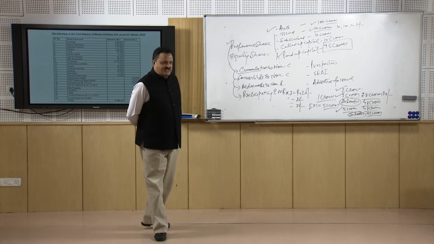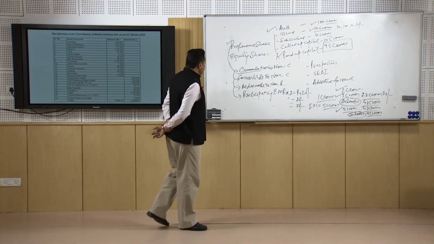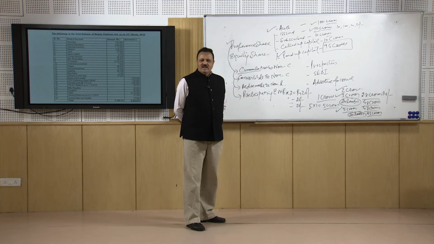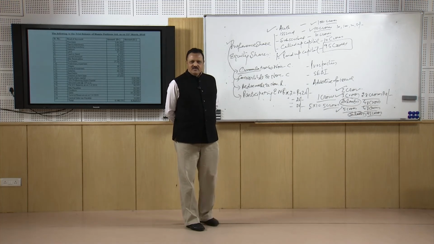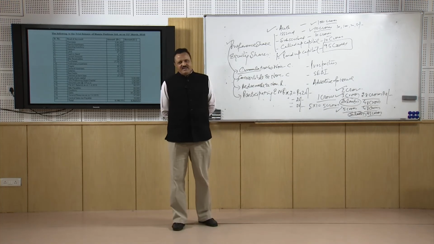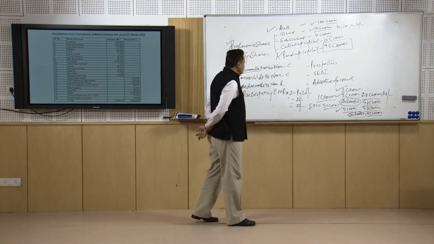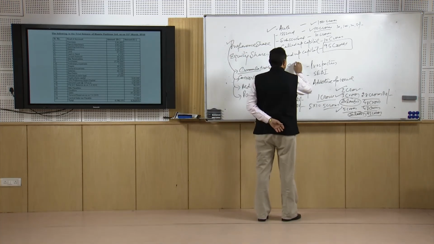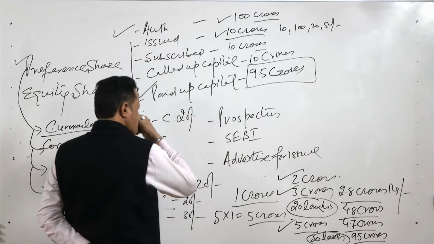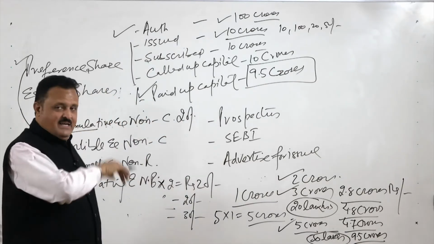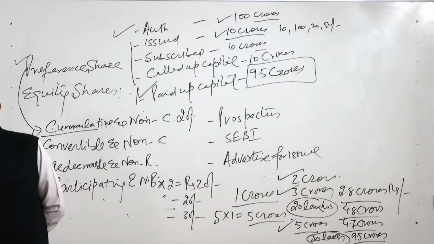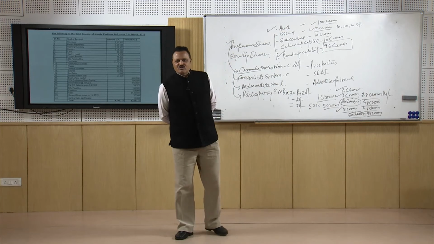Next year, the company has sufficient profits and decides to pay the dividend. The cumulative preference shareholders will get the dividend at the rate of 20%, not 10%, because the dividend of the previous year and the current year has accumulated, and now they will be getting double the amount of the dividend.